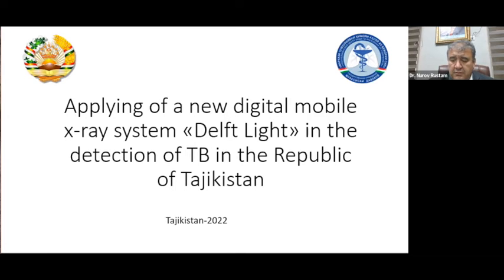And first of all, we have trained 3 persons, and these persons were staff members of the Republican Center of TB Elimination in the Republic of Tajikistan.